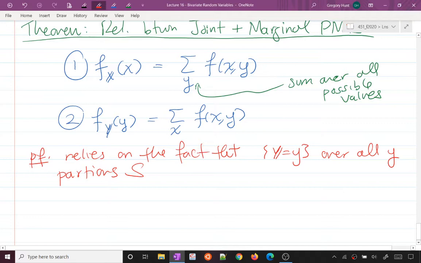So I can partition my space by looking at all events Y is equal to little y over all possible y in my support.